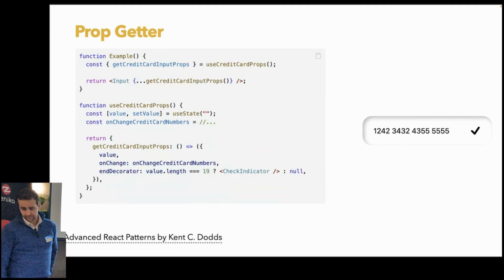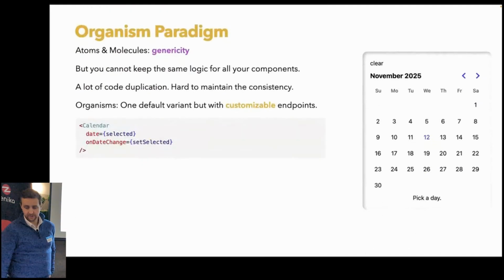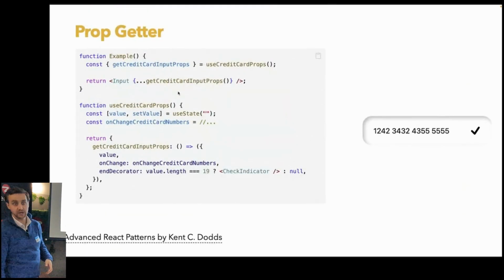So right now, with everything we did on atoms and molecules, we found a lot of patterns to make our atoms and molecules reusable, using composition, slots, and render functions. The prop getter pattern goes on top of the molecule; it is not to be used inside the molecule.